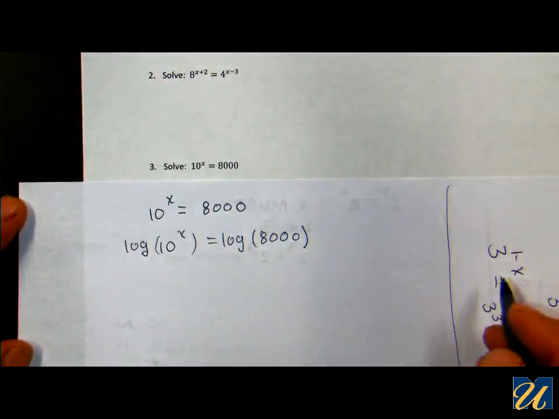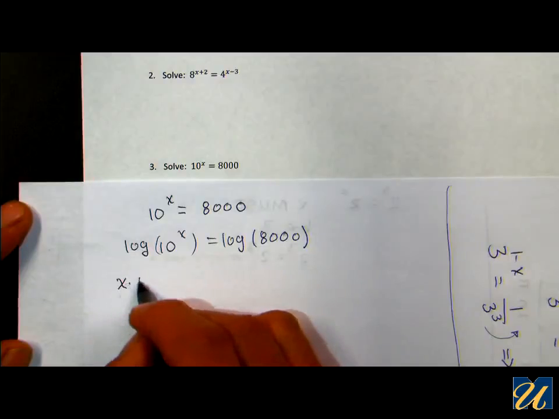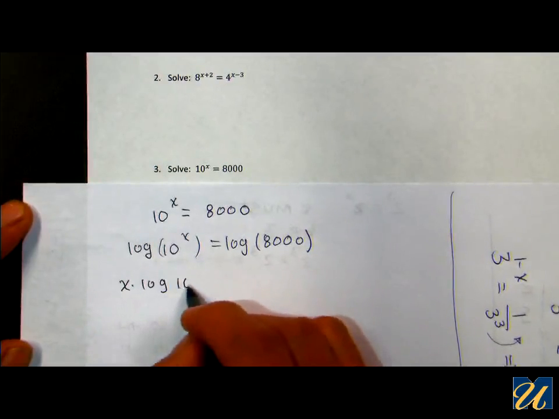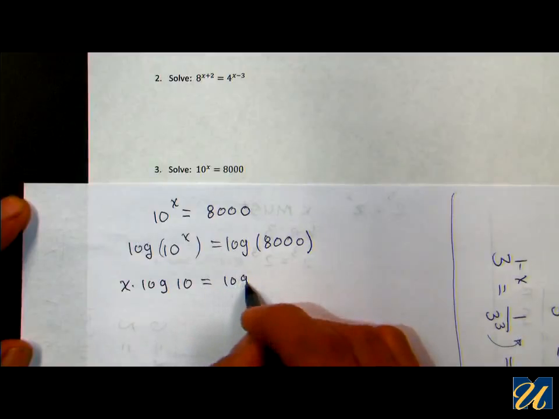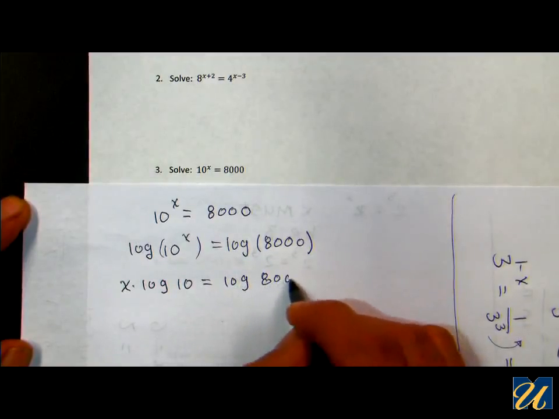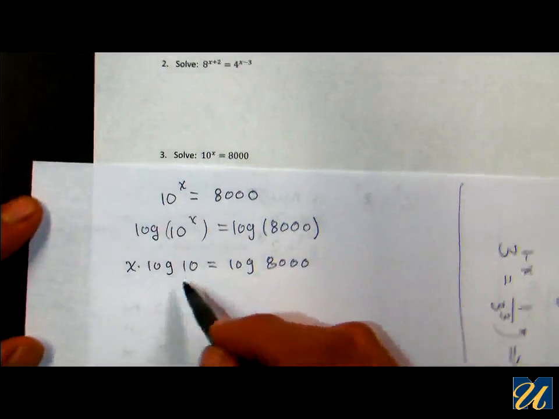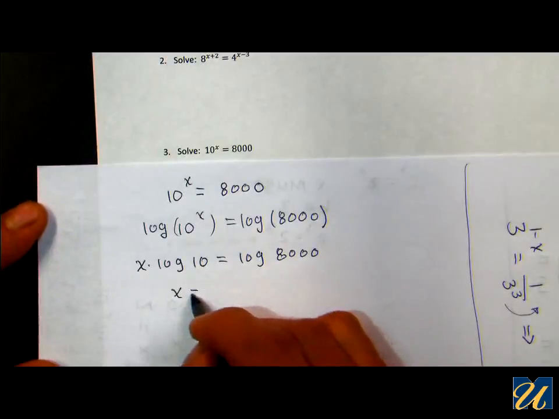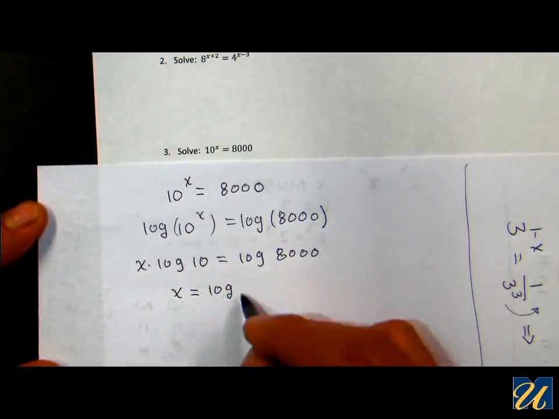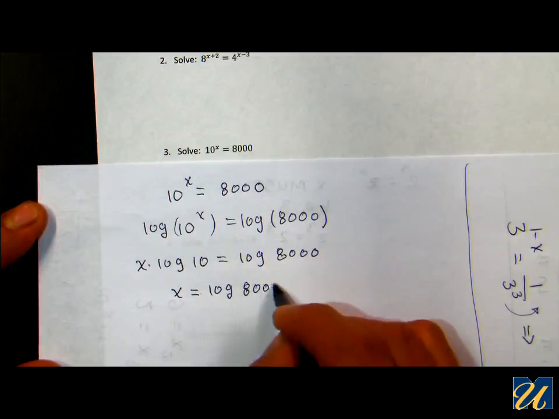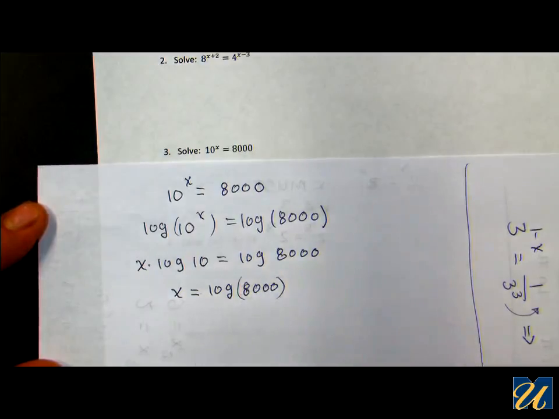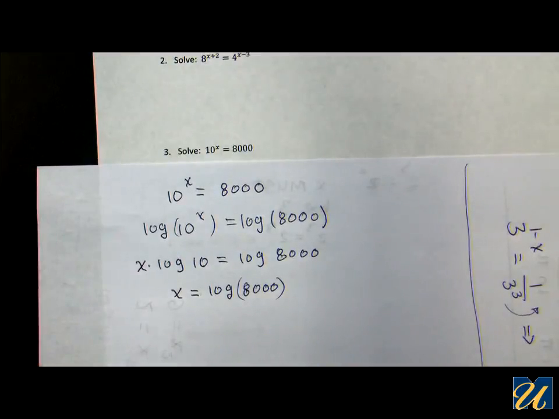Now we can use the power property: x times log of 10 is equal to the log of 8,000. The common log of 10 is 1, so this is just x. x is the log of 8,000. You can approximate that on a calculator if you wish, but that is the exact answer.